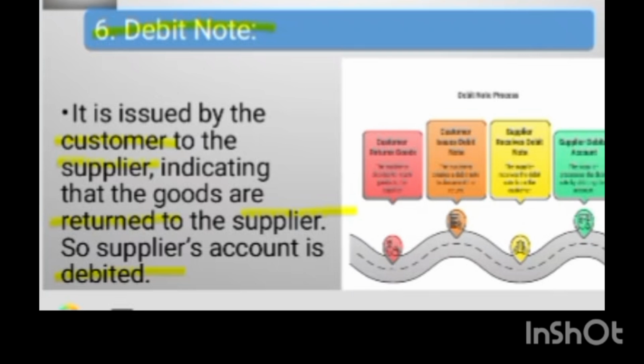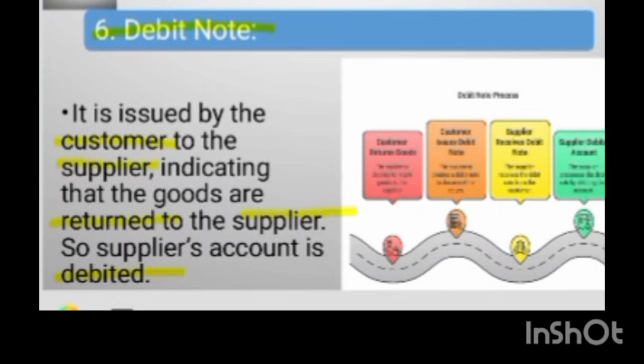Now listen, when the company is purchasing goods from the supplier, sometimes it happened that they have to return some goods back. They have to return some products back. Maybe there is any damaged piece, or maybe there is something with the wrong color, wrong size, maybe there is something wrong according to the order, right?